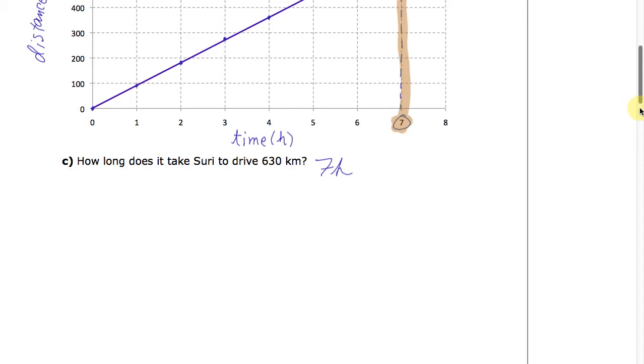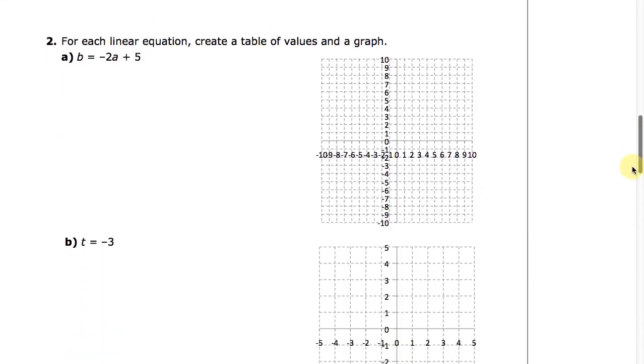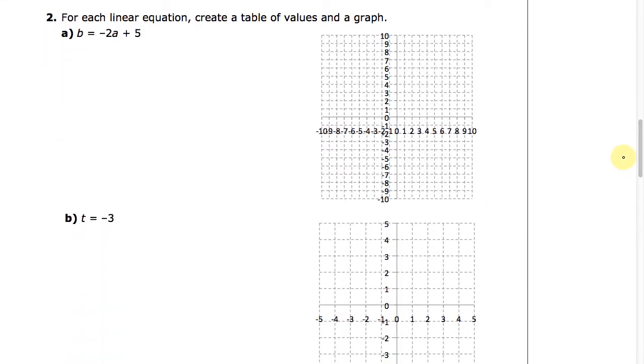Okay, moving on. Next page says for each linear equation we want to create a table of values and create a graph. So for the first one, we've got b equals negative 2a plus 5.